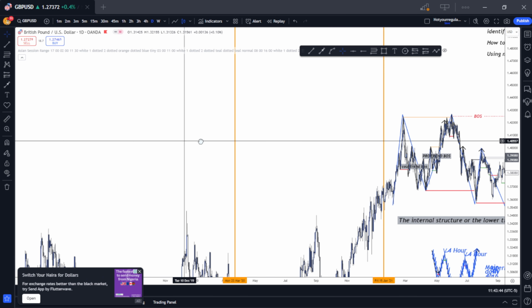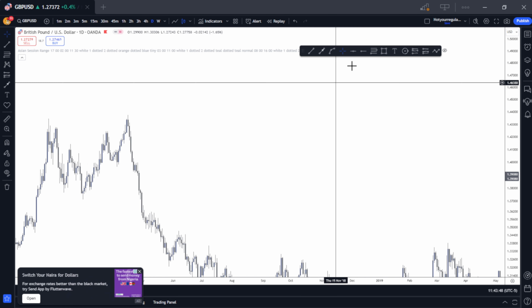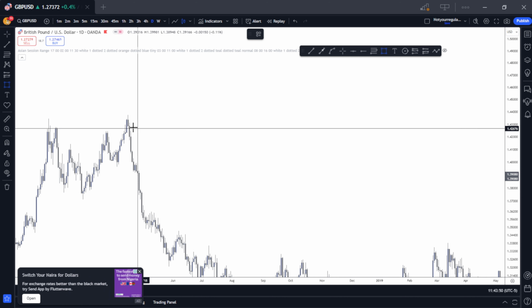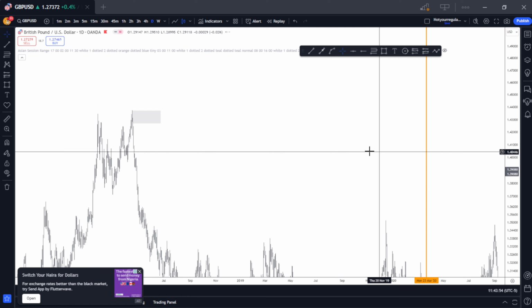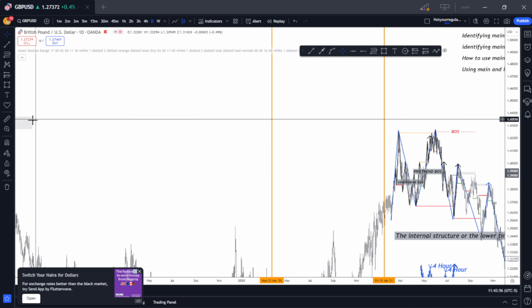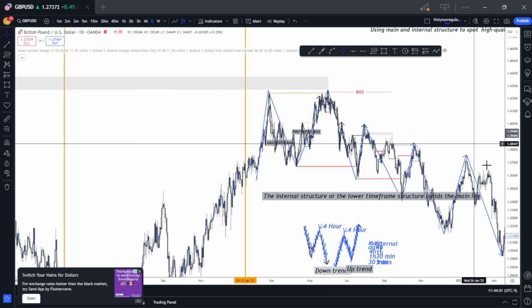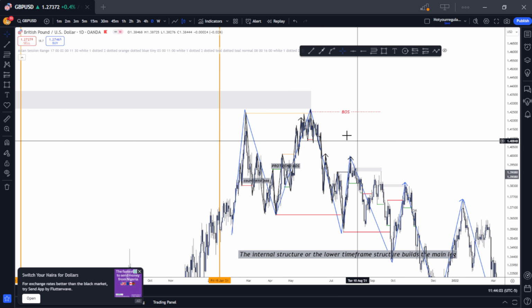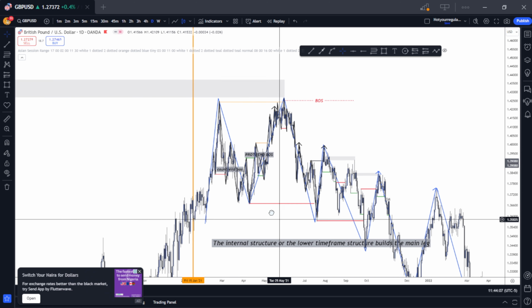So as you can see, price mitigated the right order block here. It doesn't need to come in, it just needs to touch it, which then caused this huge shift.